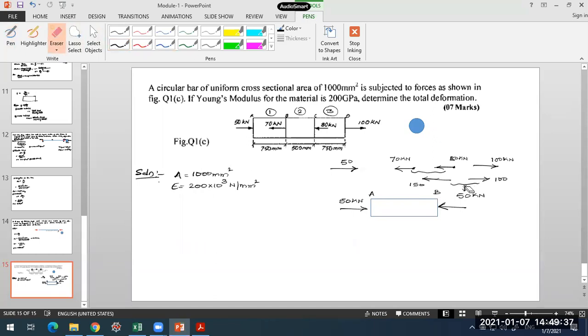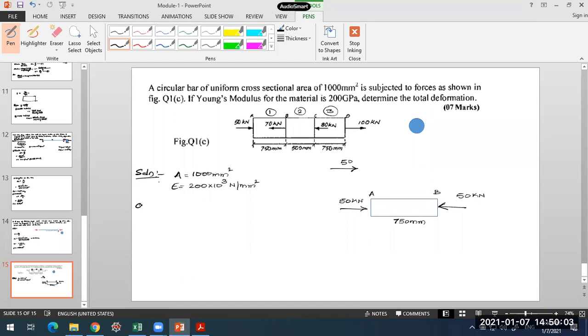That is how I come across the net force acting on the section. I told you when it is a case of end sections, whatever is the force on one side, the same magnitude but opposite in direction will be acting on the other face over here. This is 750 mm in length.